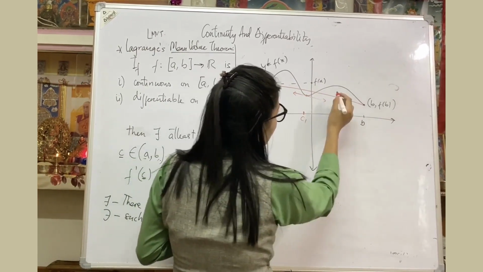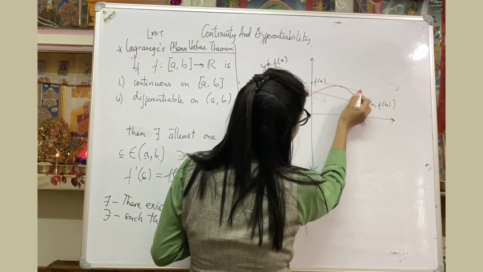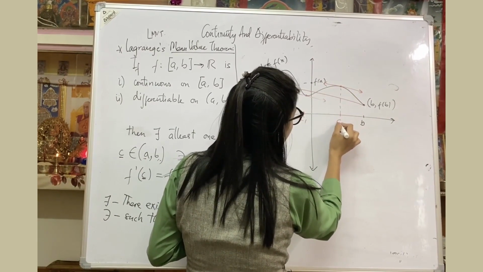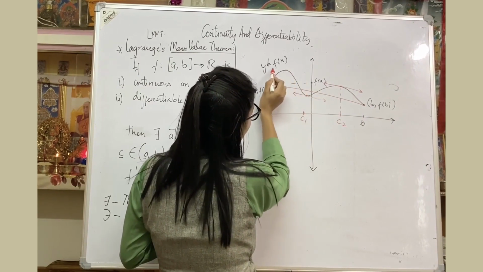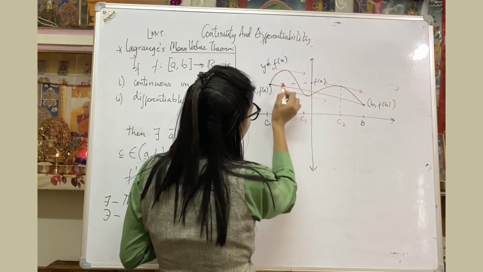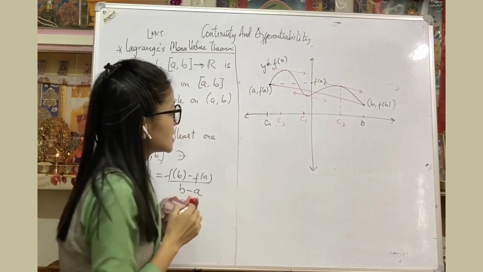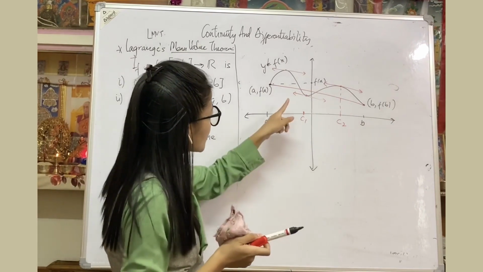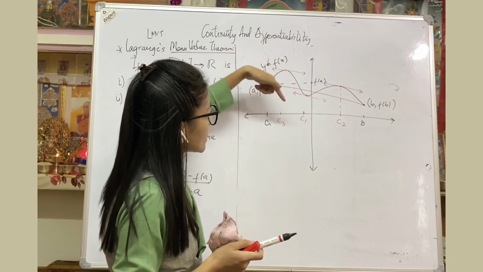Similarly, if I take a point here, you can see this is parallel here, so this point is C2. And at this point also, if I draw the tangent, it will be parallel to this chord. Let me take it as C3. So within the interval AB, you will get at least one C.